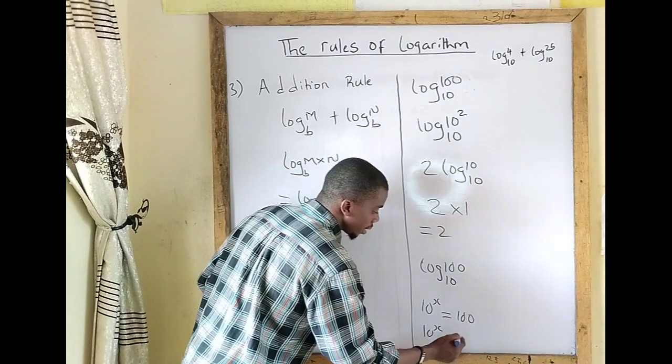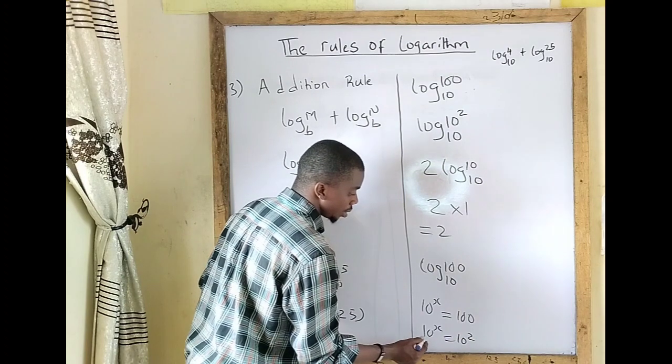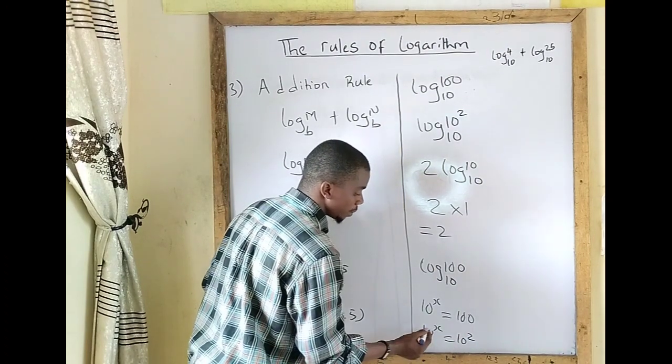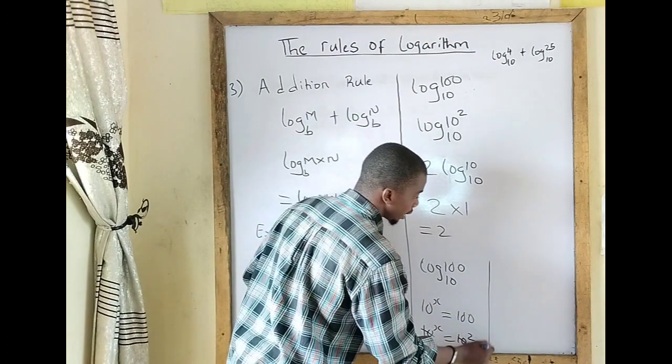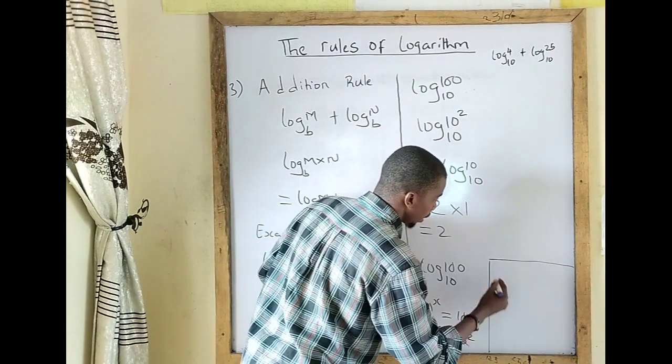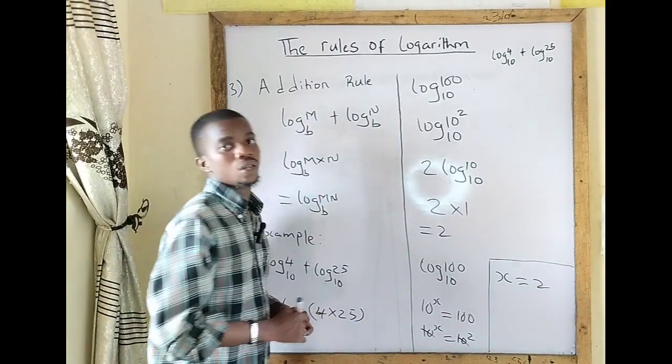This is 10 raised to the power of 2, because 10 times 10 will give you 100, so the bases cancel off, and you see that our x is equal to 2.